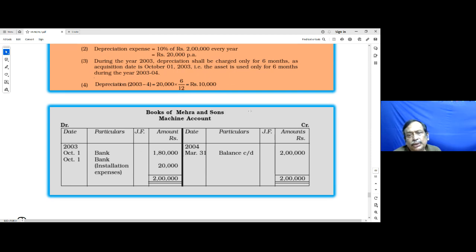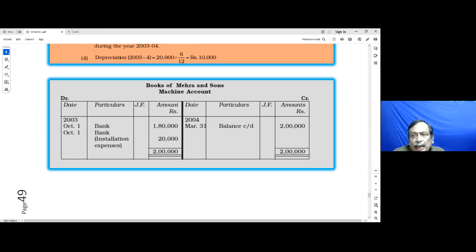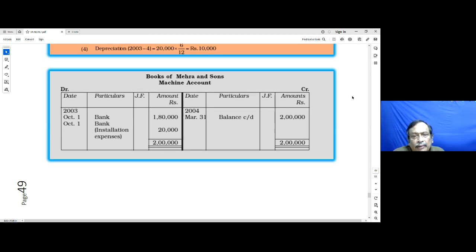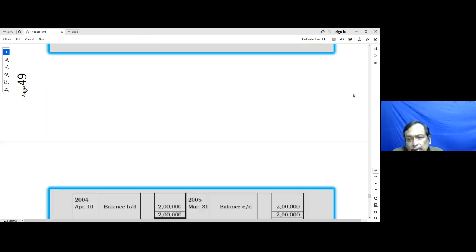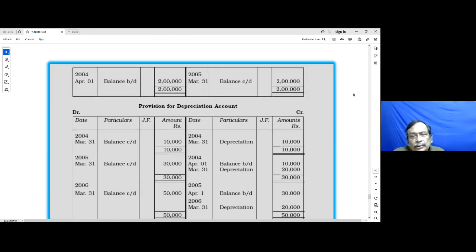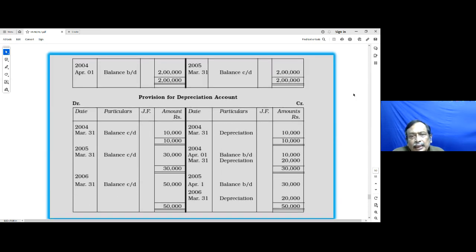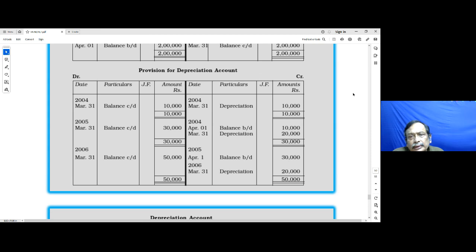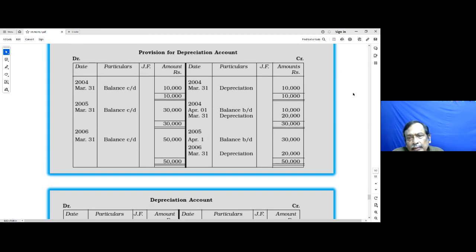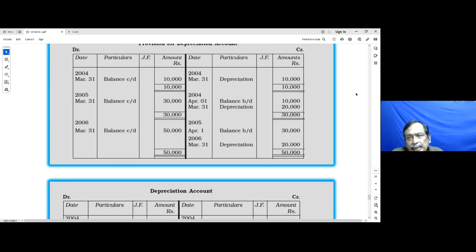So in the books of Mehra and Sons, the machine account will appear as: to bank 1,80,000, then to bank installation expenses 20,000, by balance carried down 2 lakhs. If we maintain a provision for depreciation account, then it will be by depreciation, to balance carried down, by balance brought down 10,000, depreciation 20,000, so to balance carried down 30,000.